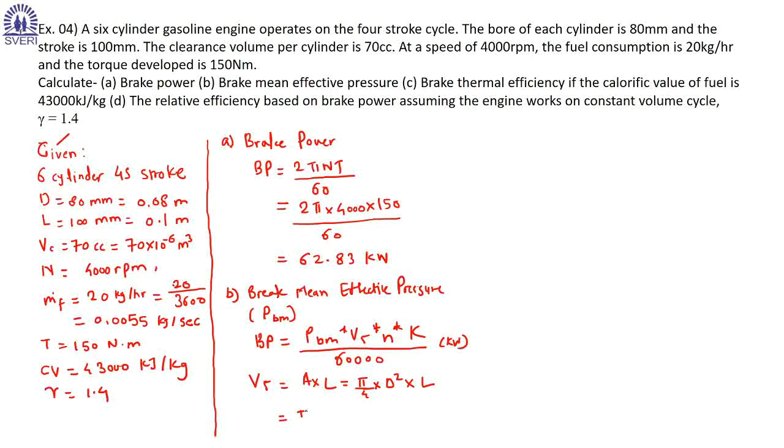Pi by 4 into D, which is 0.08 square, into L, which is 0.1. This will be equal to 0.0005 meter cube.